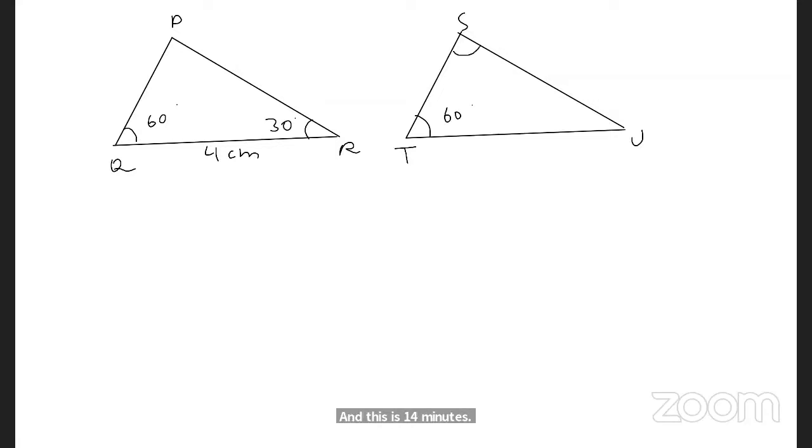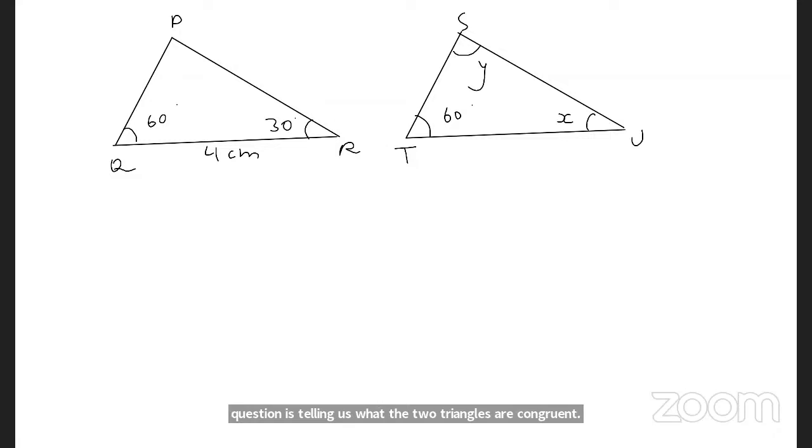This is Y. And this is X. The question is telling us that these two triangles are congruent. What we have to check out is the value of x and y.